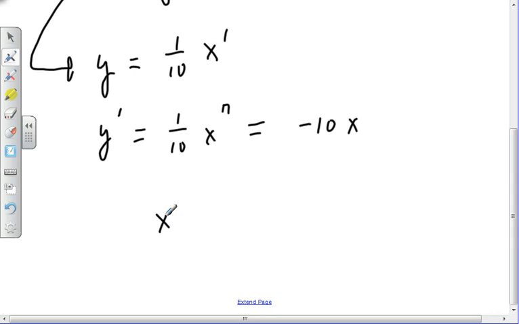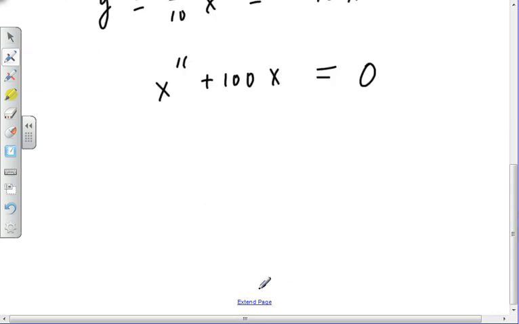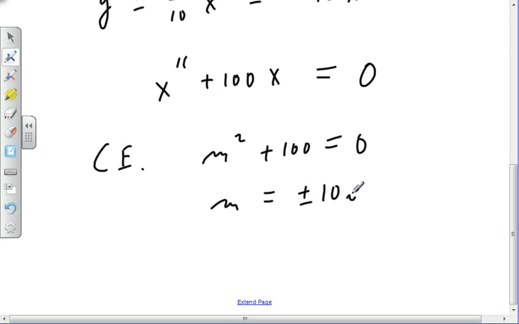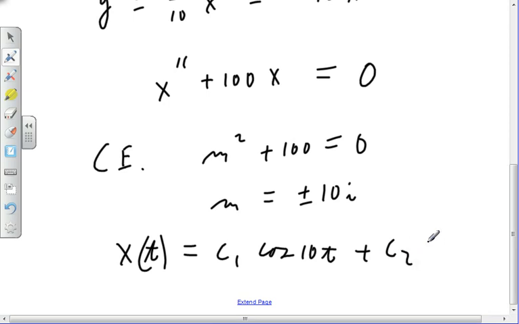So I'd have x double prime plus 100x is equal to 0. I'd have a characteristic equation that says m squared plus 100 equals 0. M is equal to plus or minus 10i. So x of t would be c1 cosine 10t plus c2 sine 10t.